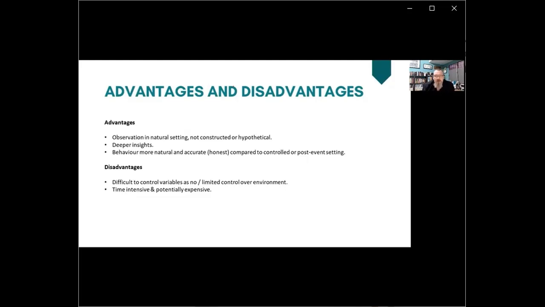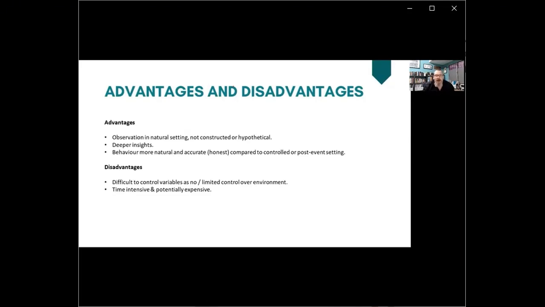The disadvantages, though, it is difficult to control external variables as we have limited or no control over the environment. So that means we may actually end up with too much information, but we can't make a clear, we'll say, diagnosis. We can't make a clear set of outcomes necessarily from it.